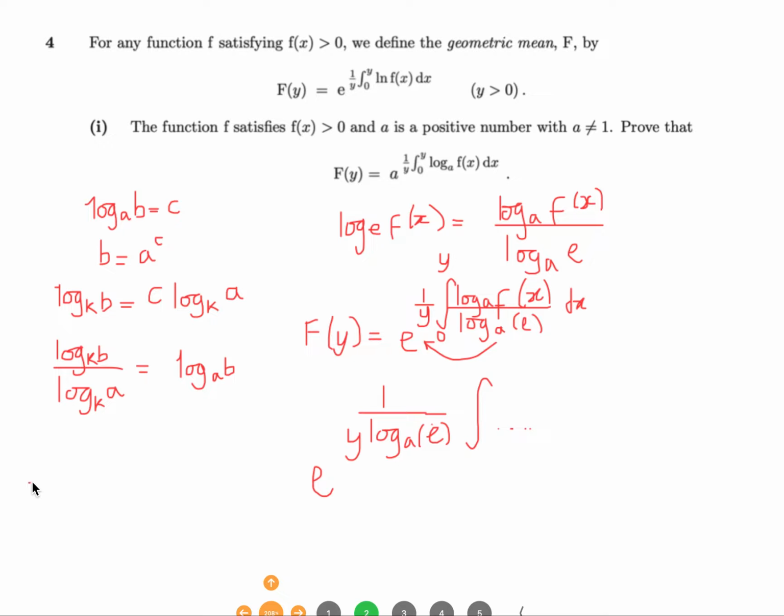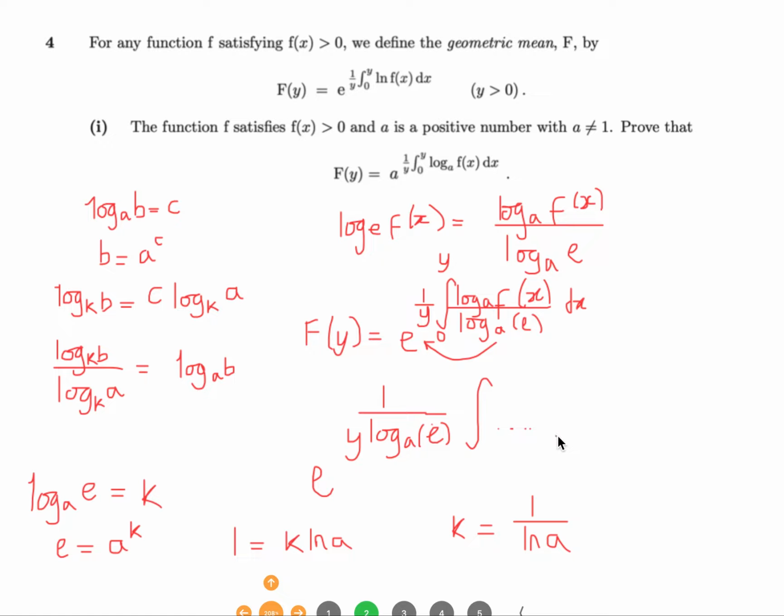So let's say that log base a of e equals some number, k. That means that e equals a to the k. If I ln both sides, I get 1 equals k ln of a. So k, which is log base a of e, is 1 over ln of a.